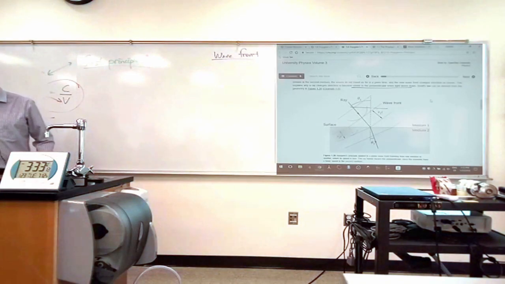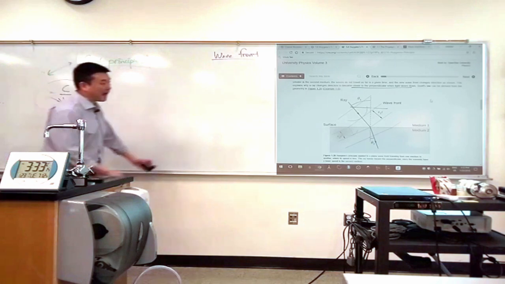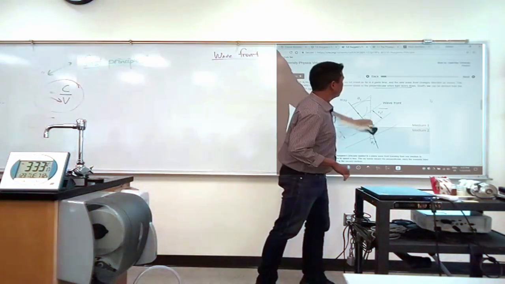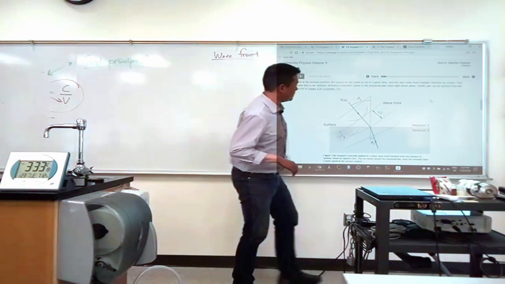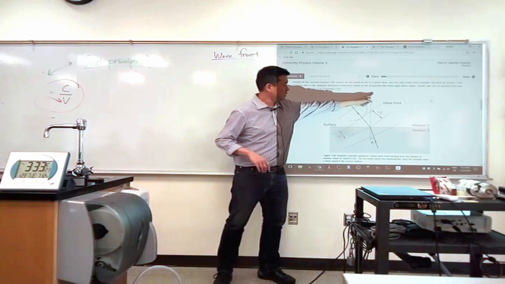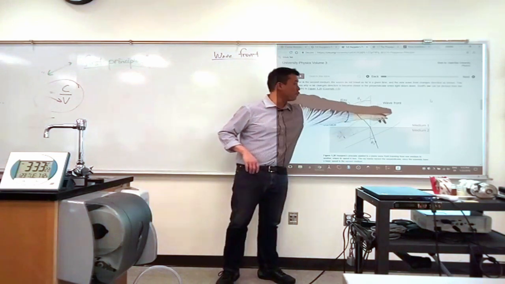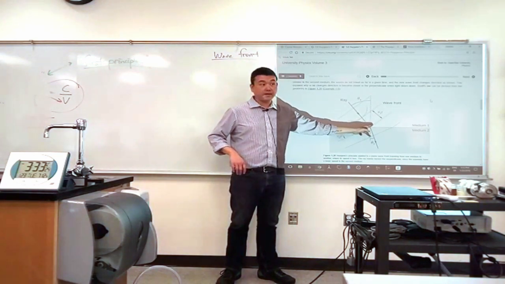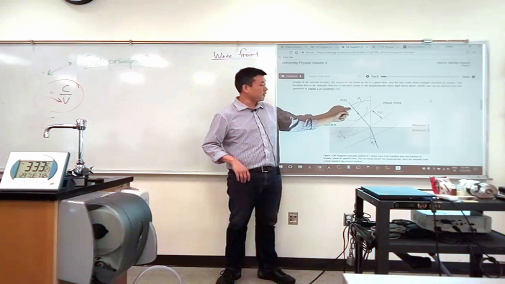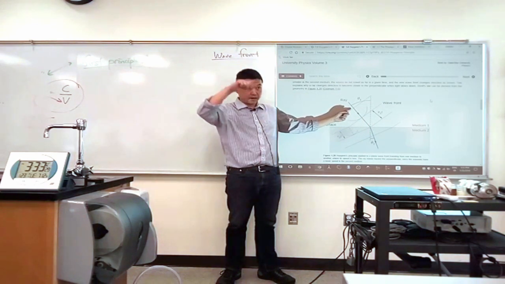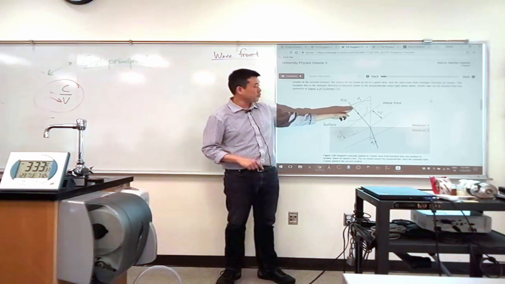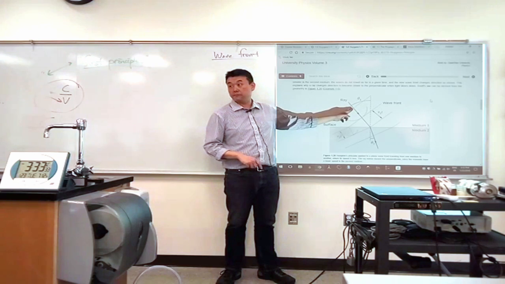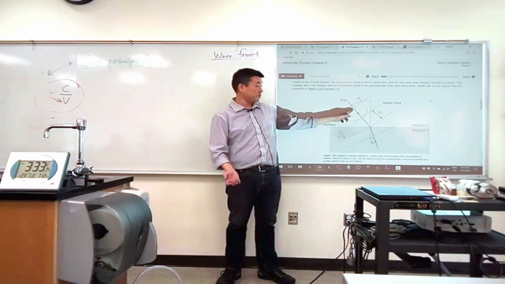These lines are representing a wavefront. Imagine you have an electromagnetic wave that's oscillating, and this is a particular point on that oscillation.